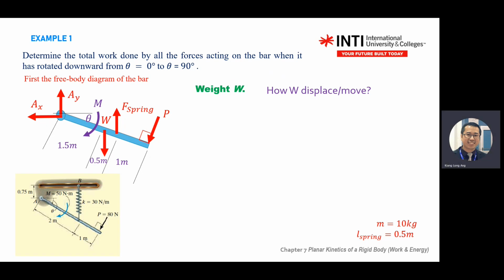How far does this W move if you turn the bar 0 to 90 degree? How far is your weight moving from the initial location to the final location? Yes, the answer is 1.5. You understand why 1.5? Explain to your friend why 1.5. You seem you don't understand what I'm asking.